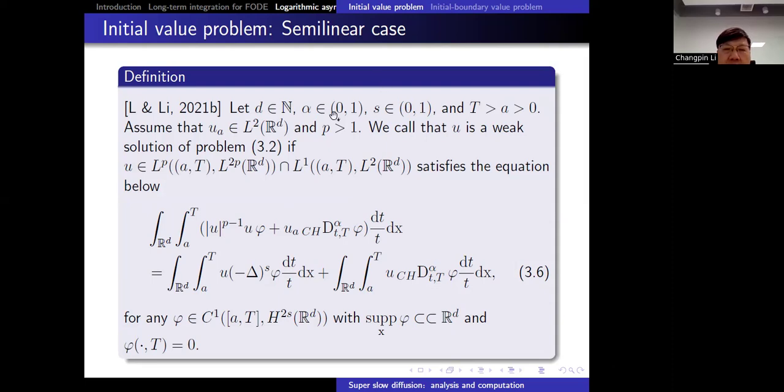This is the derivative order in time, and this is the index of the fractional function, and the capital T, and u_0 in L2, and p is the power of u. We call u a weak solution if u in the space satisfies the equation below, like this.